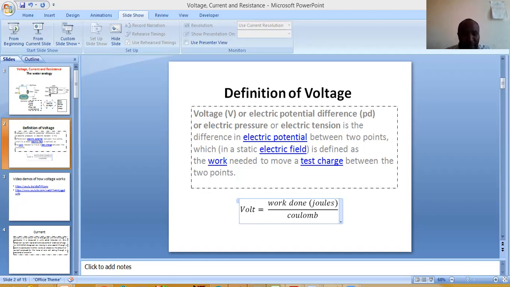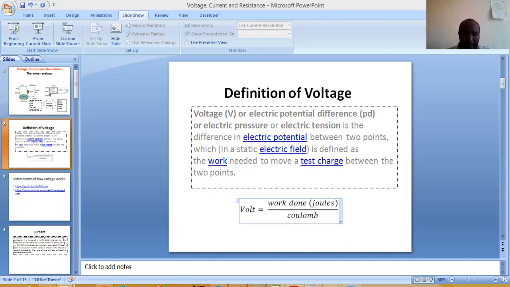All those expressions give you current. And my recommendation is that you use Ohm's law and the definition of power to derive all these equations and satisfy yourself that all these relationships are true for current.